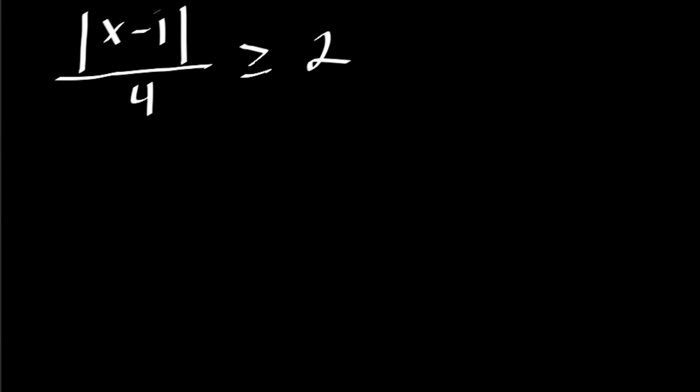Now, our first step, once again, is to isolate. And notice, I am not even looking at the inequality symbol yet because it does not make a difference yet whether this is greater than or less than, because the first thing I have to do is isolate.